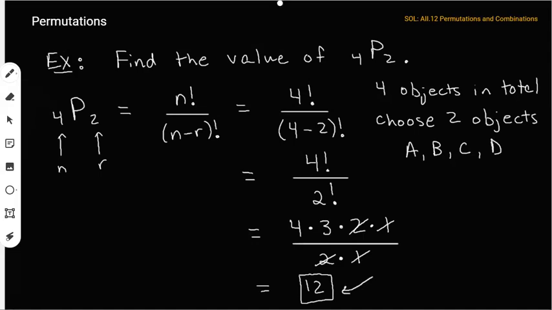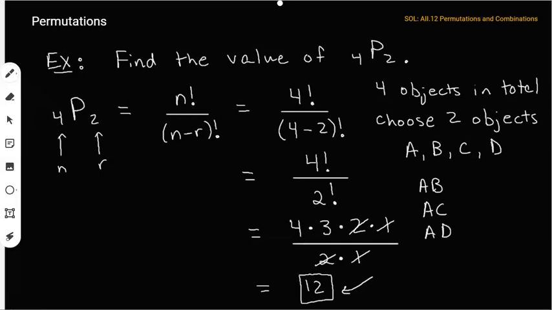So can we list out all 12? Well, we need to choose 2 objects from this list. Let's say we choose A and B. And then we can choose A and C. And then we can choose A and D. So those are the groups where A comes first.